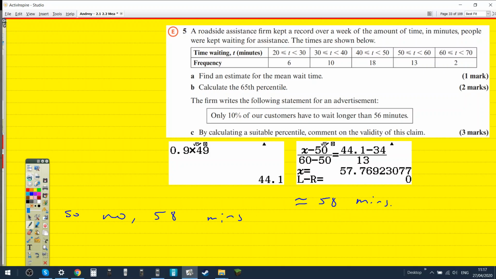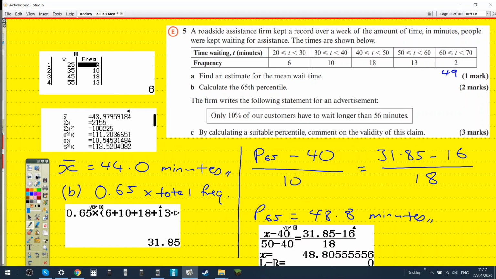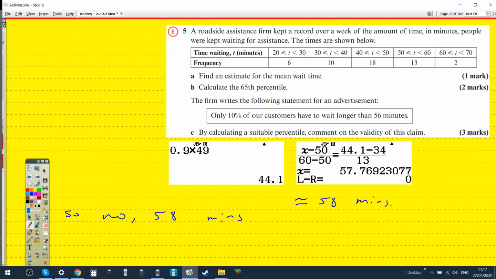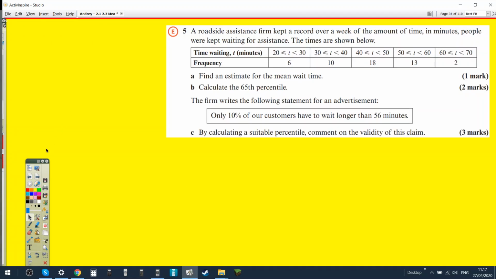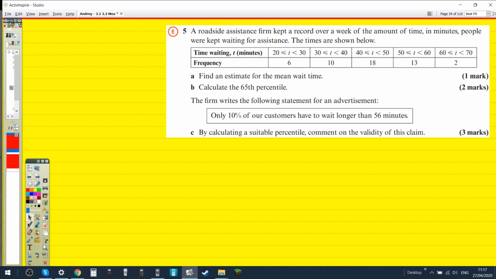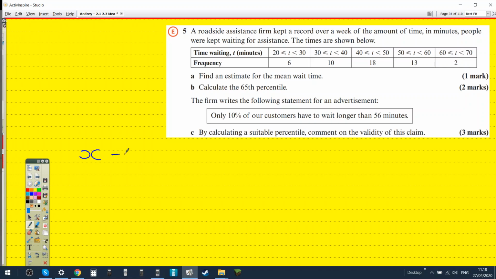Let's come up with our thing. So if we go back to our previous one, it's x minus the lower bound out of the class width.